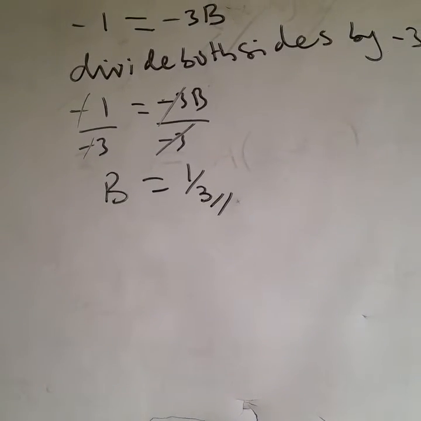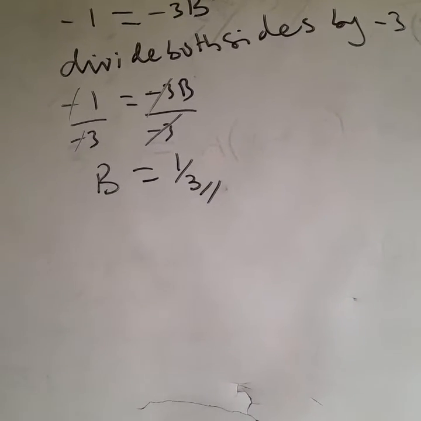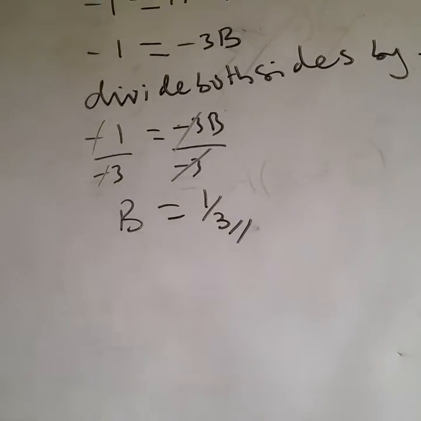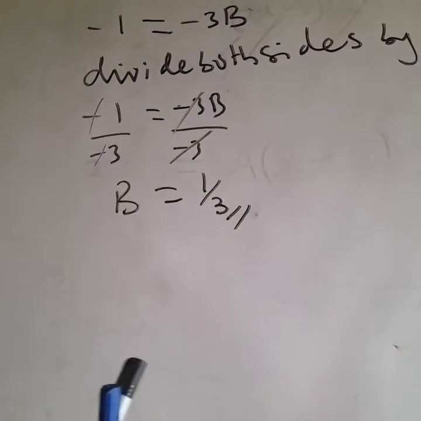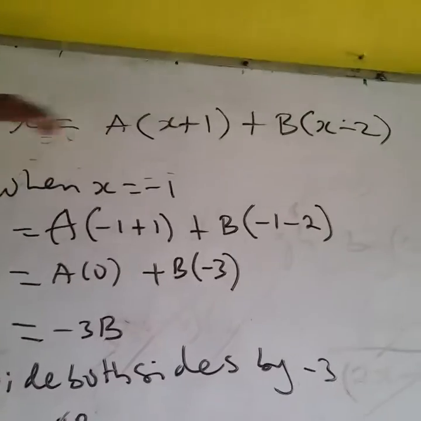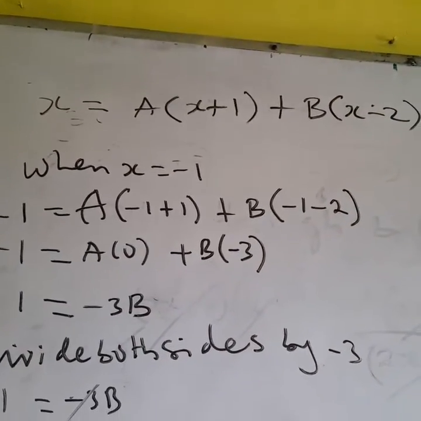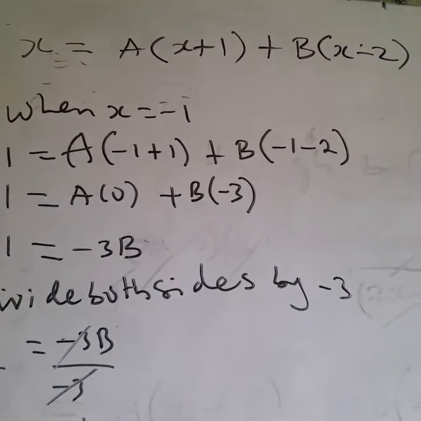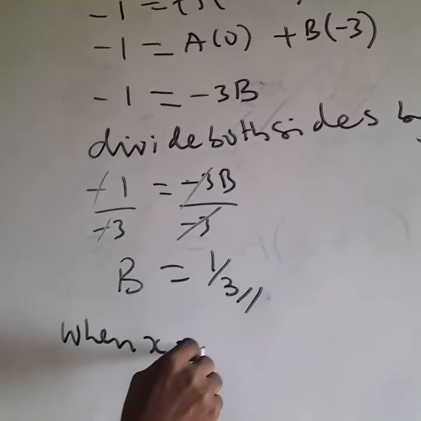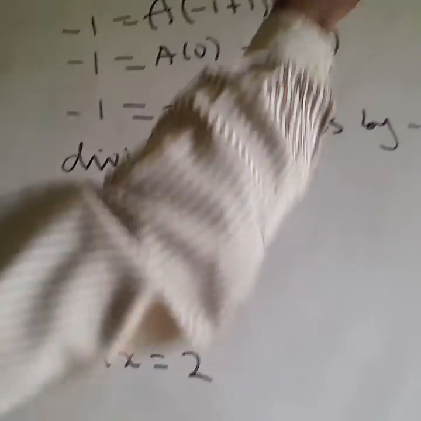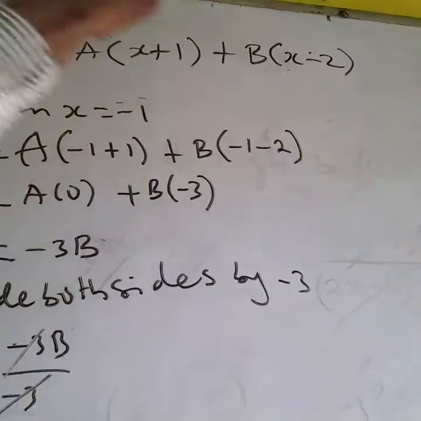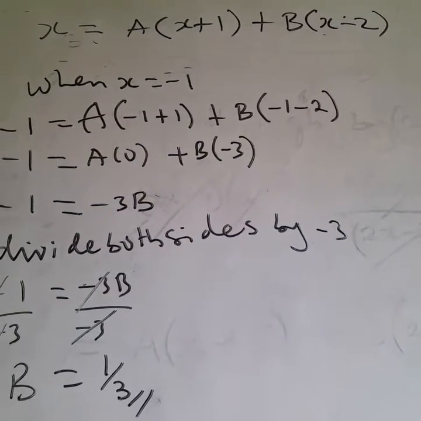We're going to find the value of a. So which means we need to cover b to find a. How do we cover b? We let x equal to 2. If we put 2 here, 2 minus 2 will give us 0, so we'll cover up b.